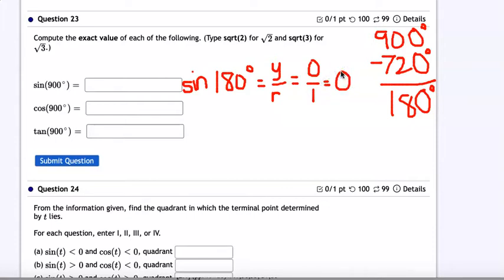If you're having a hard time figuring out how I'm figuring out what the y value is or the x value, the picture for this is on page 25. So you can go to page 25. At the very bottom there is figure number 30, and figure number 30 will show you the values of x, y, and r.